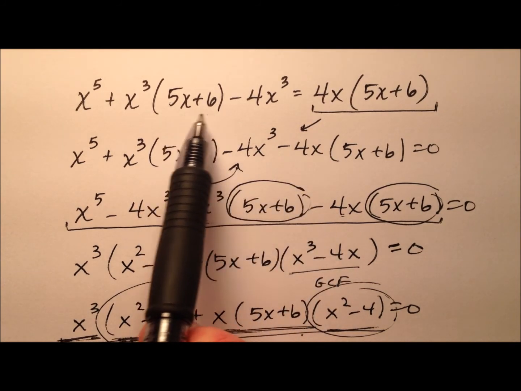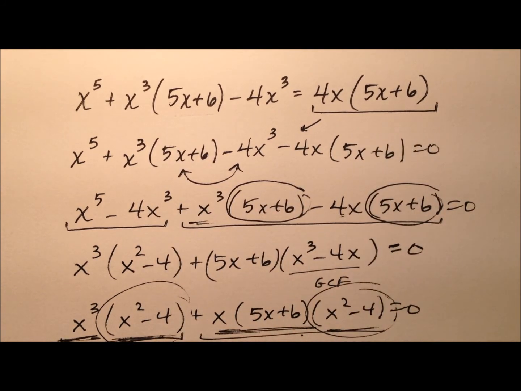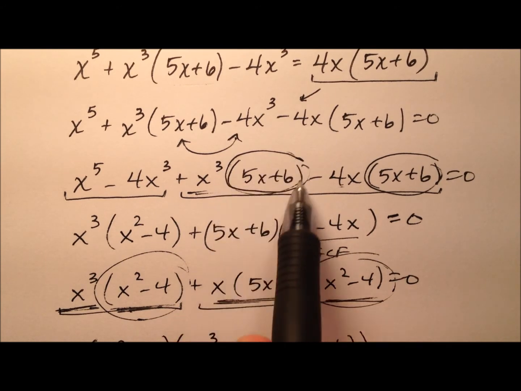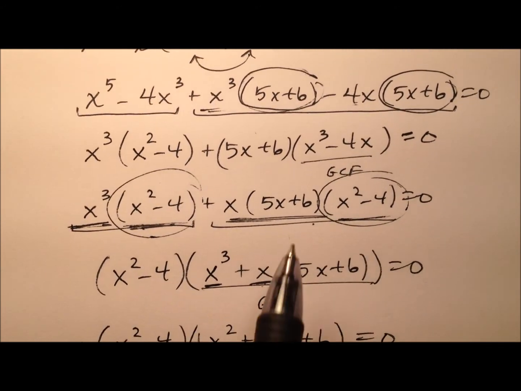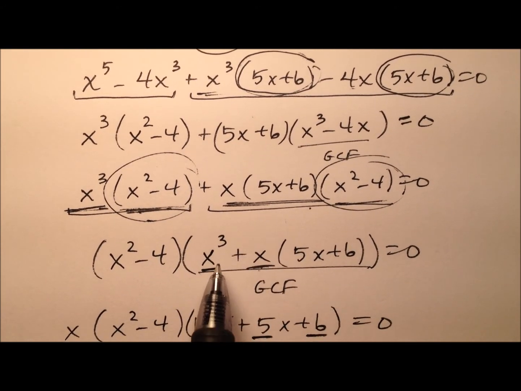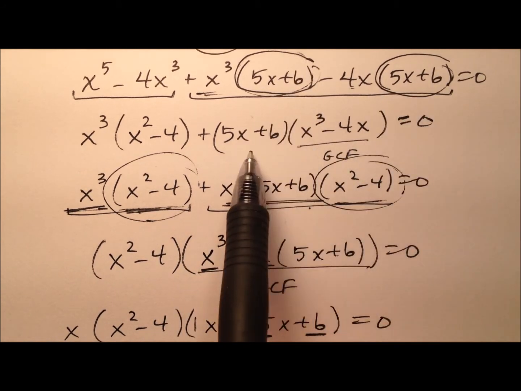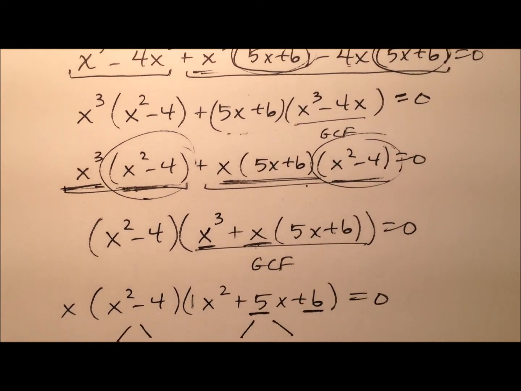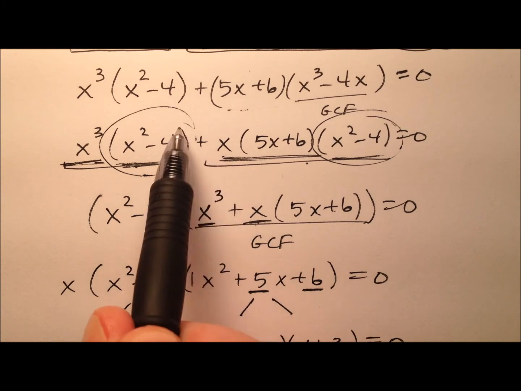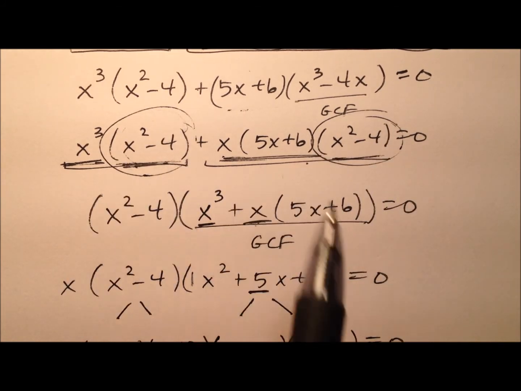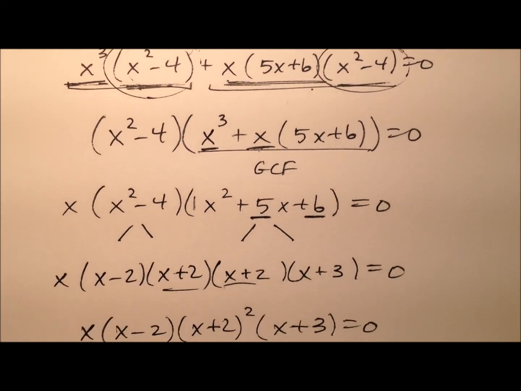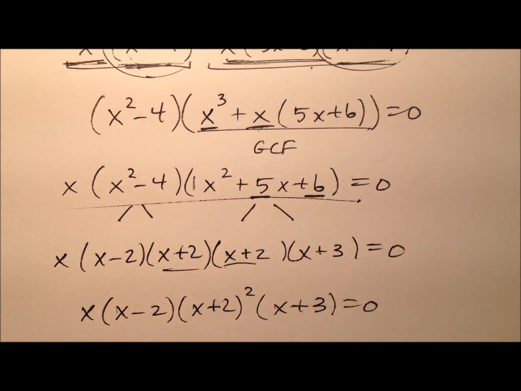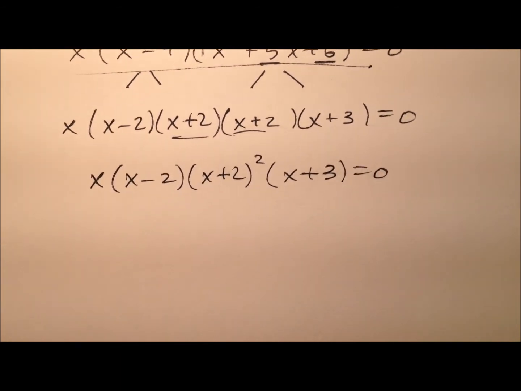I noticed that I had this 5x plus 6. So instead of distributing, I put them side by side, and then I factored them out. So I had my 5x plus 6 that I brought out. And then after I did my greatest common factor of x, I was able to pull the x squared minus 4 out again. And then I was left with this great factorization, which I could continue and finish up.